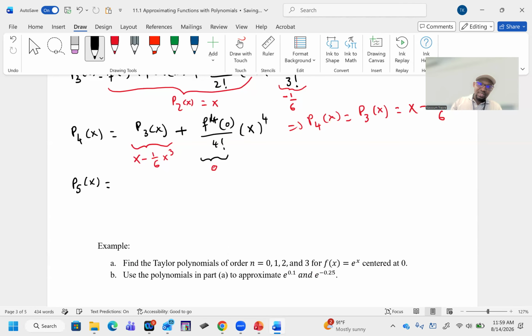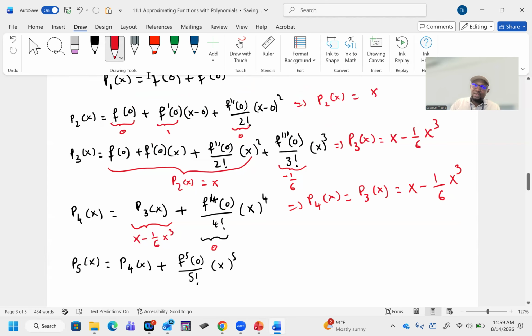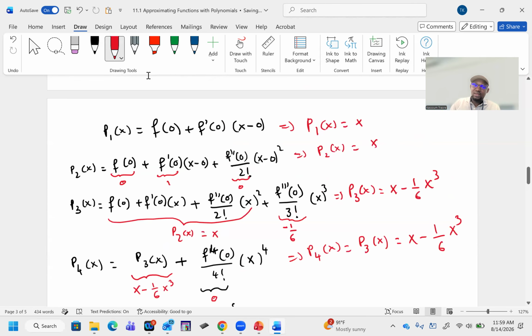That will give me p sub 4 of x plus the fifth derivative of f of 0 divided by 5 factorial times x minus 0 to the power of 5. The fifth derivative of f of 0, we got 1.